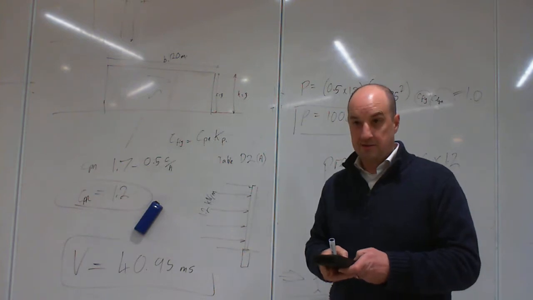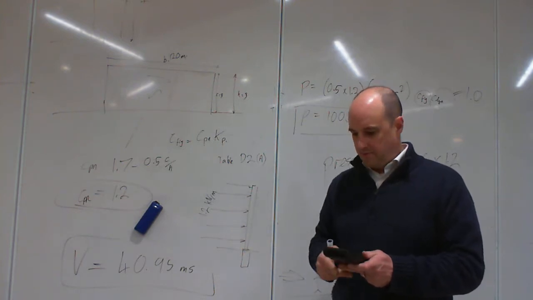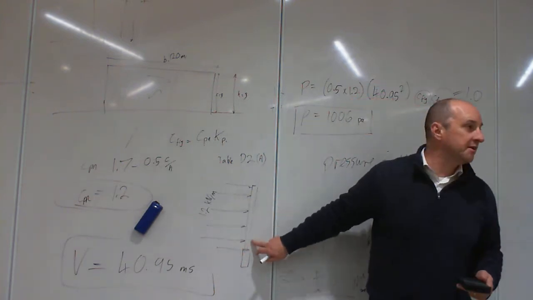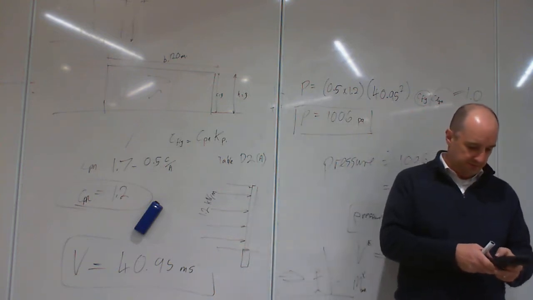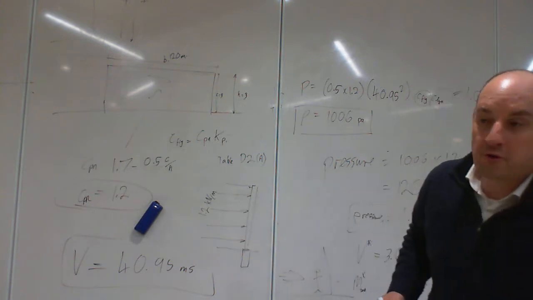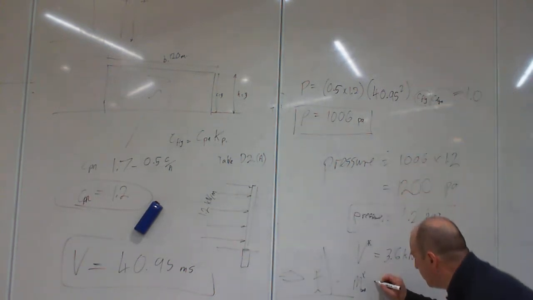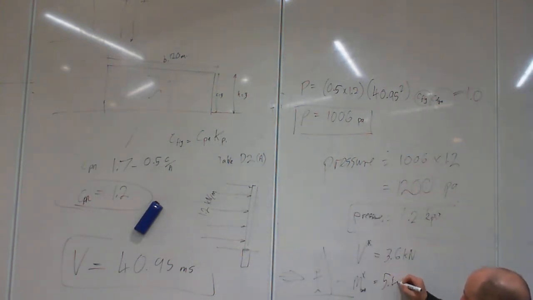Everyone understand that? 1.2 times the height, which is 3 for the force, times the distance from the lever arm, which is 1.5, is 5.4. And those are per meter length of wall.